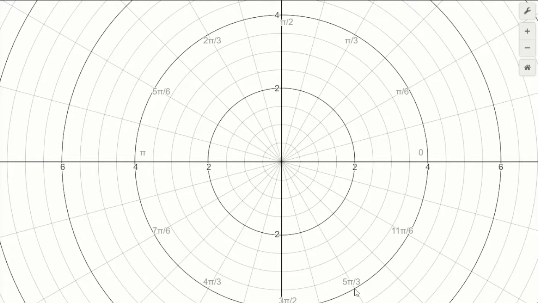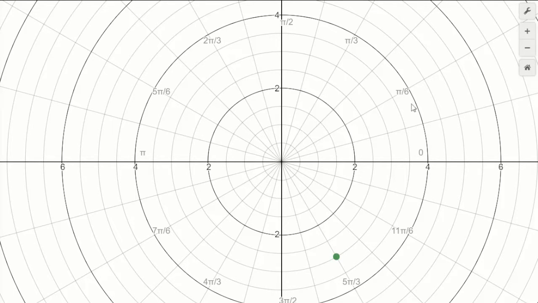But 5 pi over 3 is written in positive rotation. Now we're looking at negative rotation, so this same angle has to be negative pi over 3. So at negative pi over 3, I'm going to look for radius 3. On this terminal side of the angle, we're going to look for radius 3, which should land us a point right here.